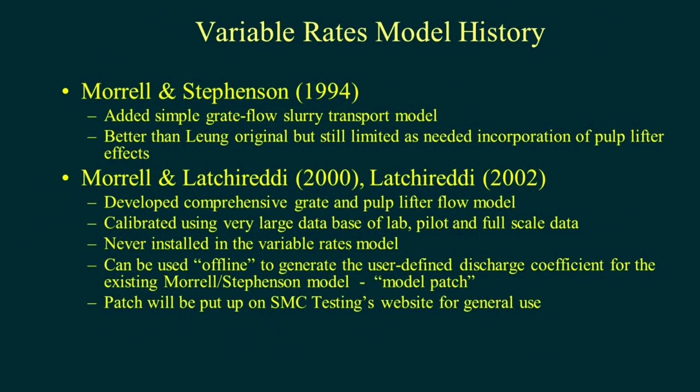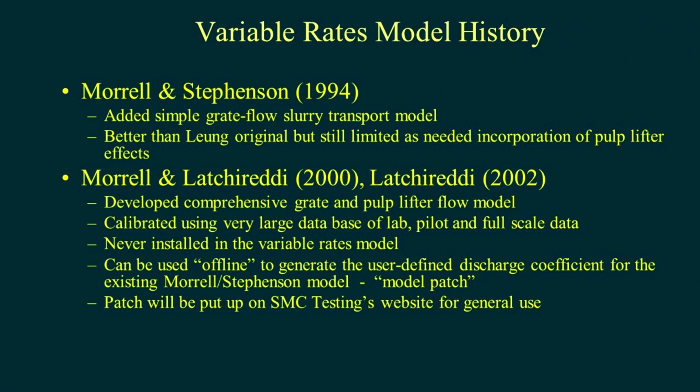Also in 1994, I started looking at the transport model, and I had an honours student, Ian Stevenson, and in 1994 he got his honours thesis by putting together a very simple grate flow model, and that model is still in the JKSimMet variable rates model. That's as far as development got, and that is the variable rates model that currently sits in JKSimMet.